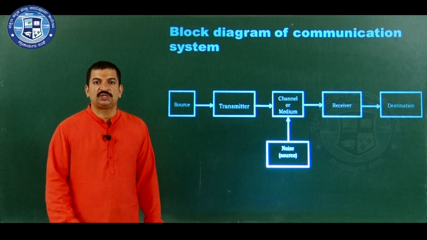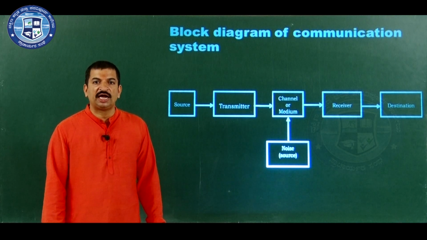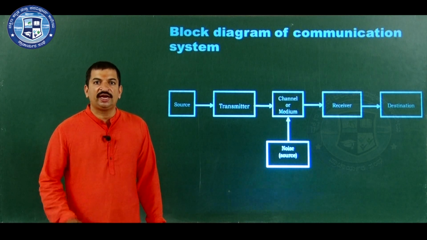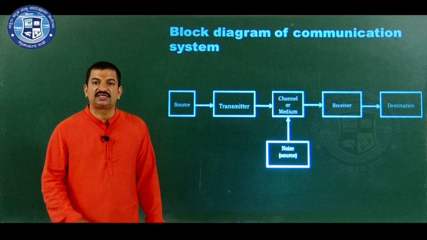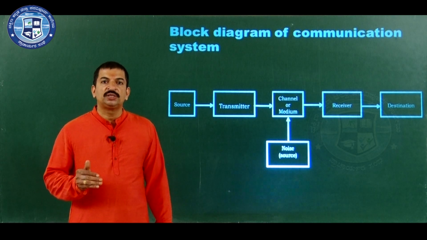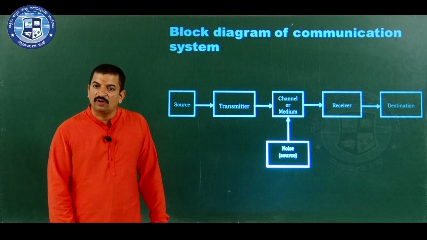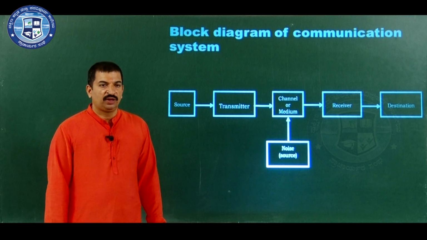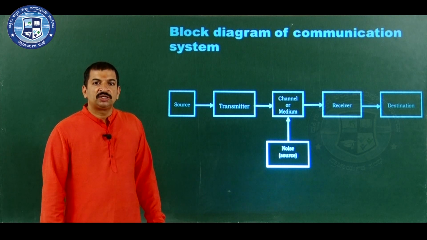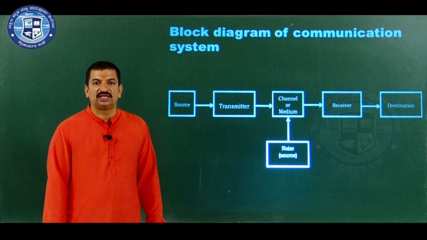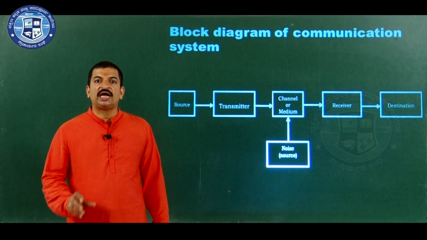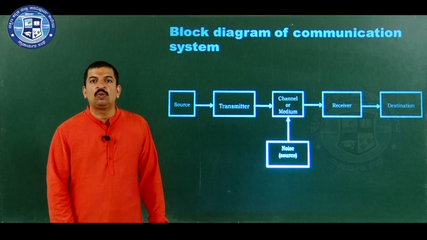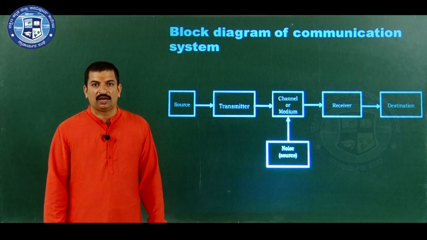So, the transmitter not only converts the information into an electrical signal, in addition to that it modulates the signal. Modulation is the superimposing of the low frequency information signal on a high frequency carrier wave. The transmitter also amplifies the signal. Moreover, the transmitter processes the information so that it can be transmitted over a given communication channel.